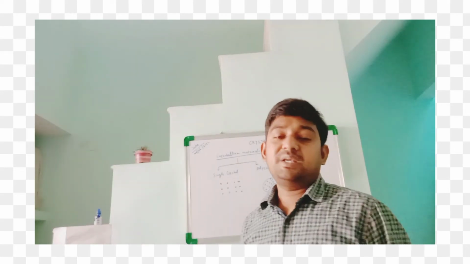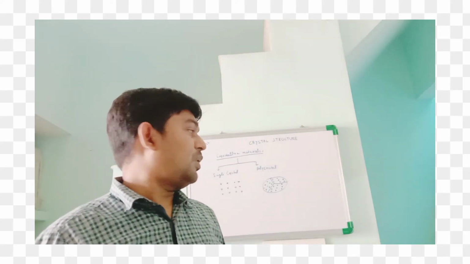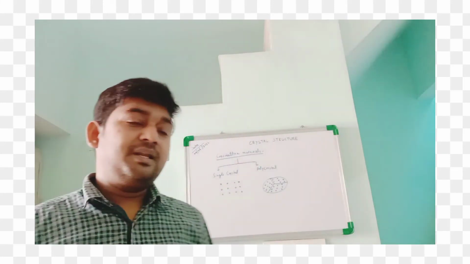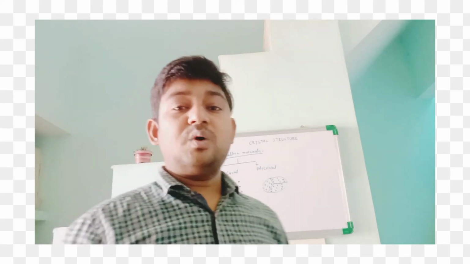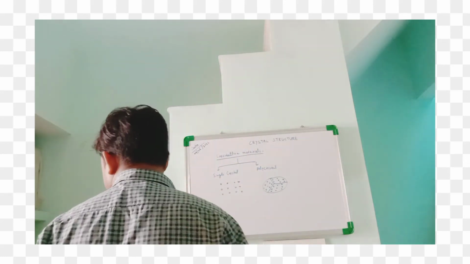Or in other words, if we fix the properties of a crystal, then we relate these properties at large scale in the solid materials. Finally, after studying the crystal structure, we will be able to relate the properties or predict the electrical, mechanical and optical properties of solids on the basis of crystal properties.